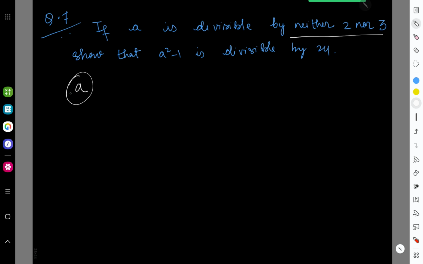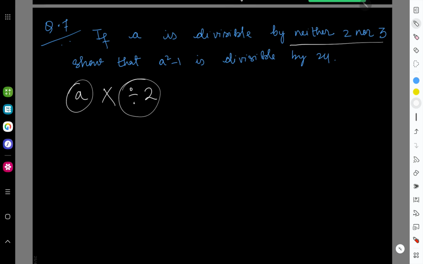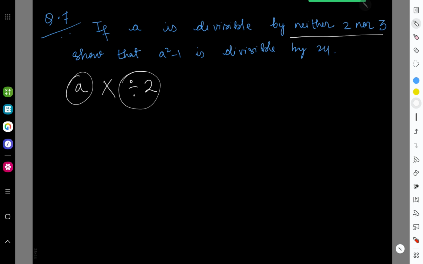If an integer is not divisible by 2, what does that mean? If it is not divisible by 2, then we can say that the number is not even, because had it been an even number, then it would definitely have been divisible by 2.